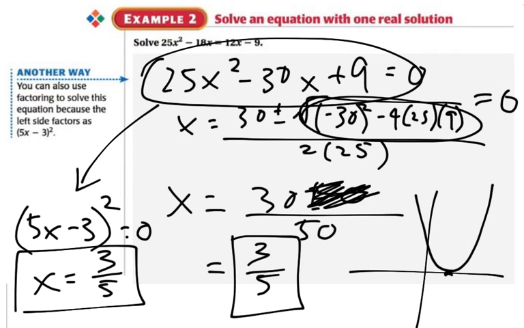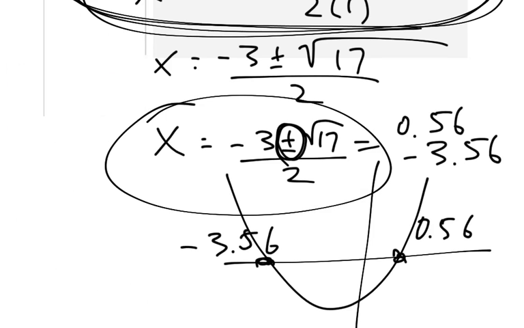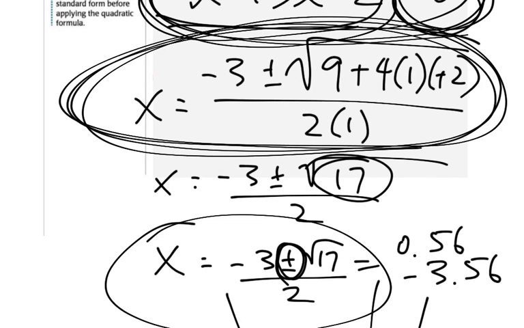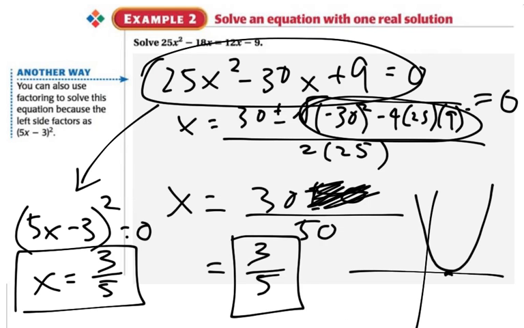This is also a good time to point out when you get 2 solutions. So let's go back to example 1. You only get 2 solutions when you actually plus or minus something inside a radical. Then you end up with 2 solutions. If what's inside the radical is 0, which means you are not going to plus or minus anything, then that means you only have 1 solution.